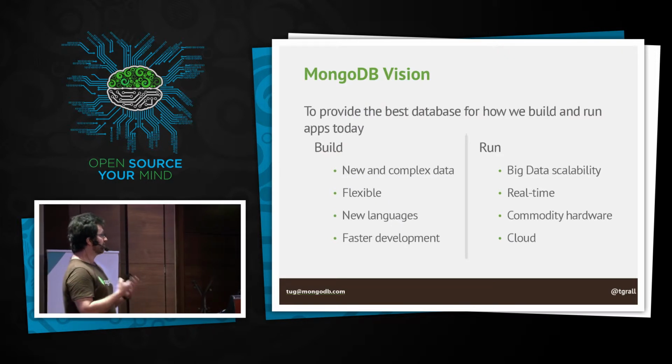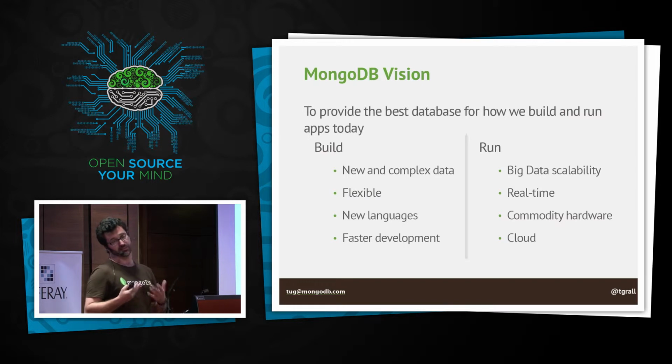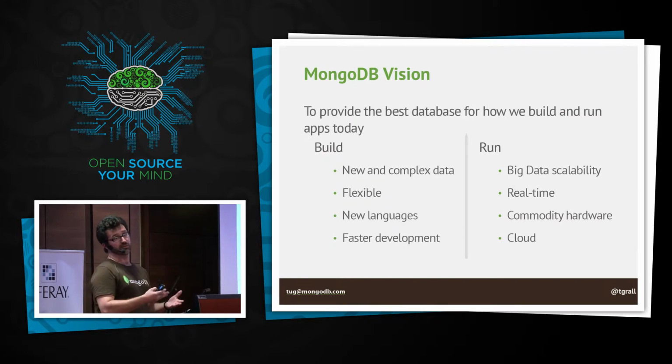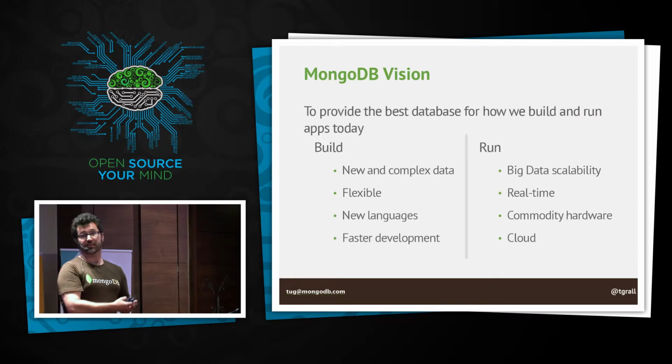And the other part is about the deployment itself. You want to be able to run your database with the scalability that you need. Start small and grow your application, grow the size of your database easily. It has to go from one small server on the cloud to hundreds of servers on the cloud.